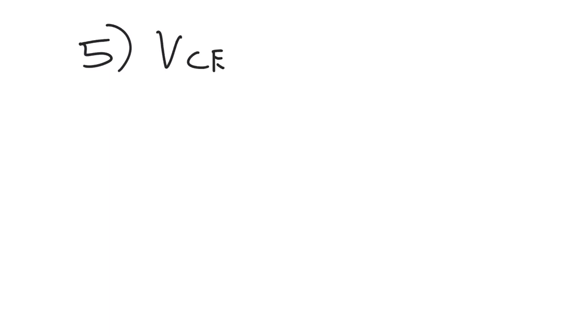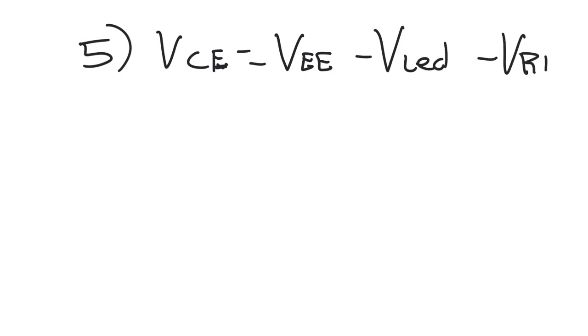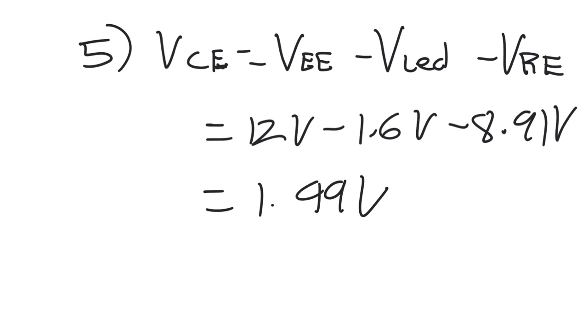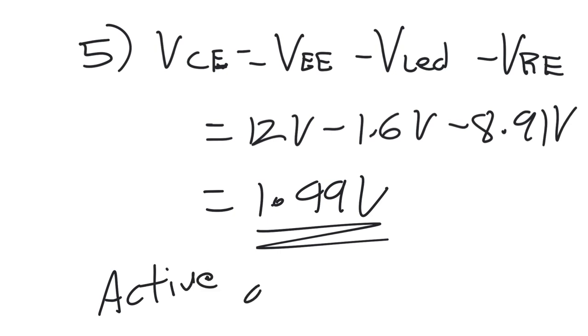VCE equals VEE minus, 1.49. Again, biased up in the active area.